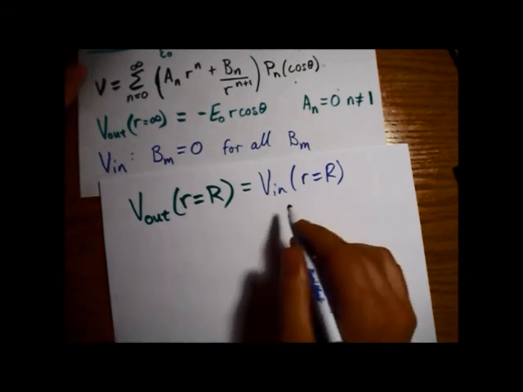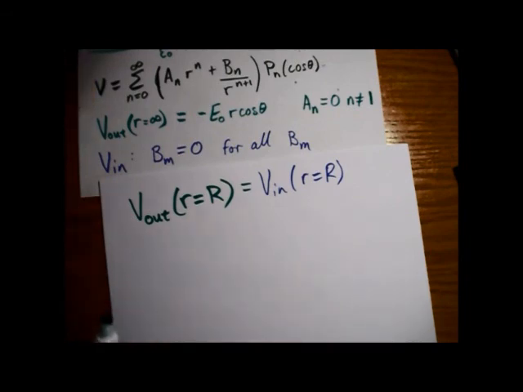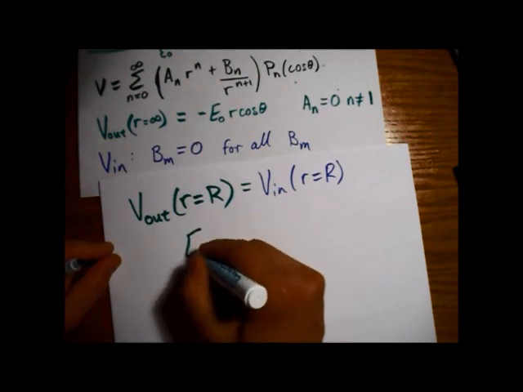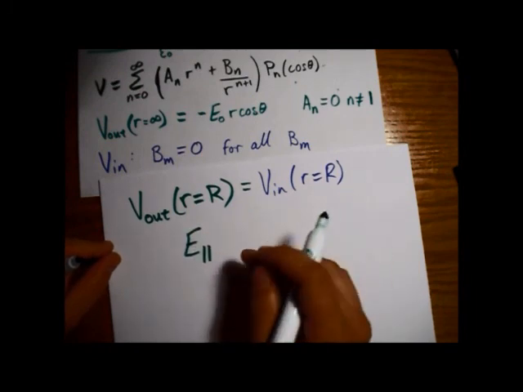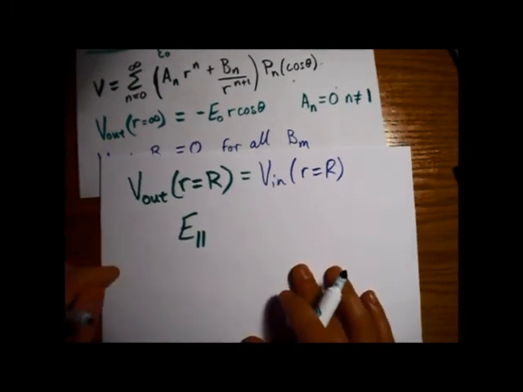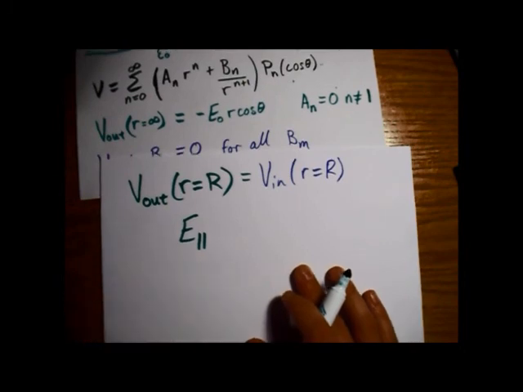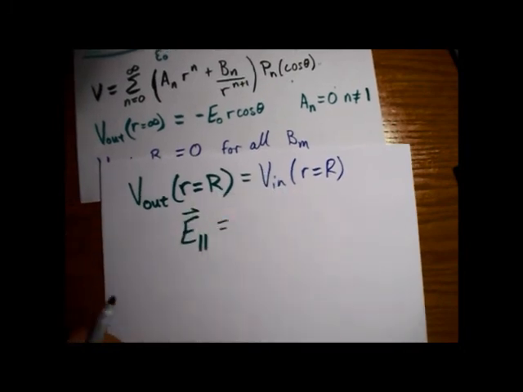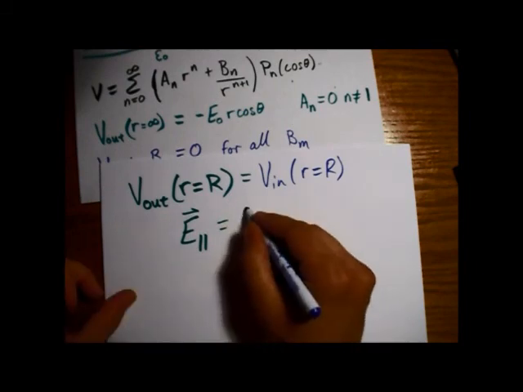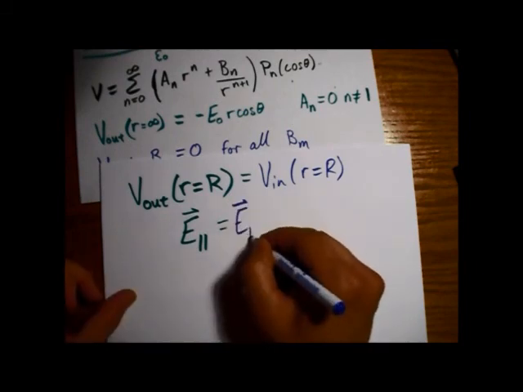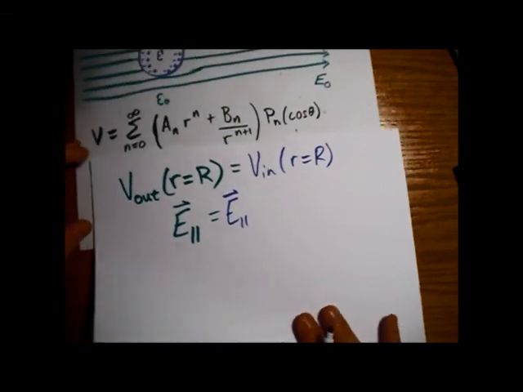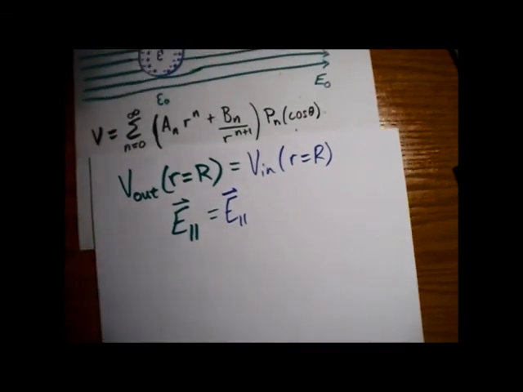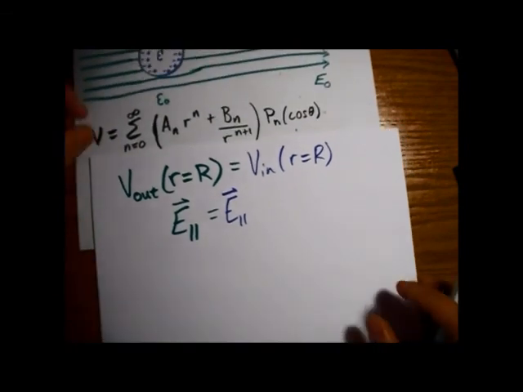Or another way you could do this is that the parallel component of the electric field is going to be continuous. These will basically give you the same restriction on your coefficients.